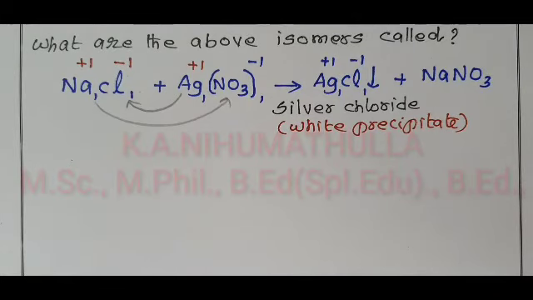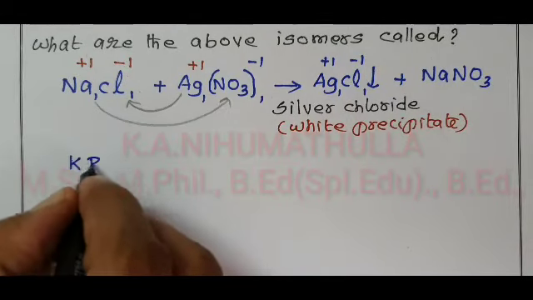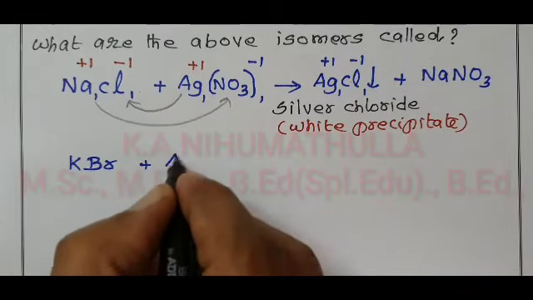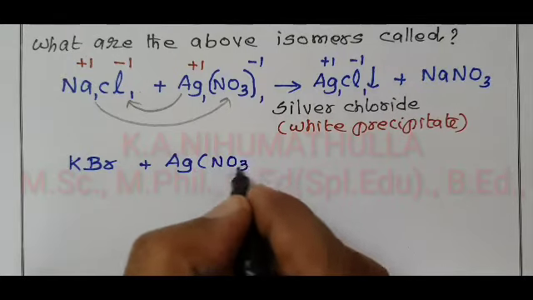Take any one bromide salt, for example KBr, potassium bromide, when treated with a silver nitrate solution, AgNO3.